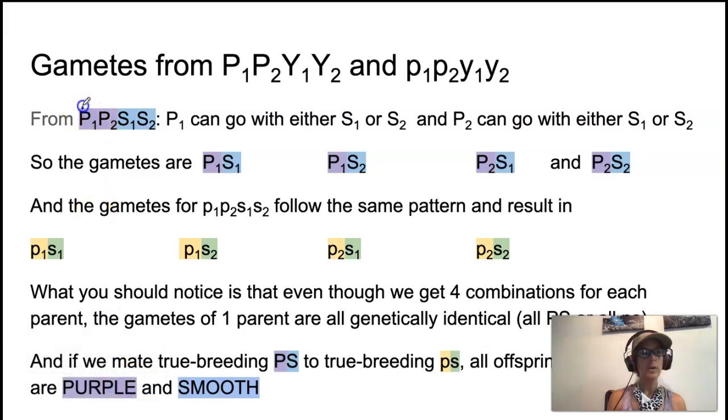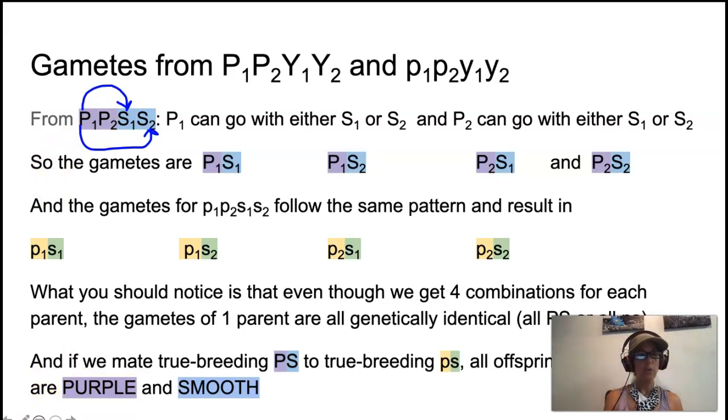So P1 could end up with S1, or P1 could end up with S2. We can't put P1 with P2 because then we have a gamete that has 0 alleles for seed shape, and we have to have a color and a shape allele in every gamete.